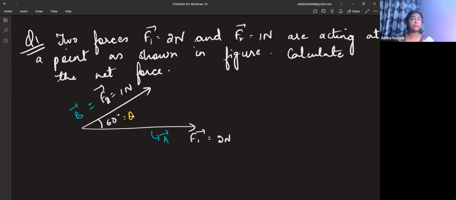Now see, it has not mentioned whether you have to just tell the magnitude, and it has also not mentioned whether you just have to tell the direction. So it means you have to answer the complete force, meaning the magnitude as well as the direction. So how will we start the calculation? We have a formula. This is our vector A, this is our vector B, and theta is the angle between them.